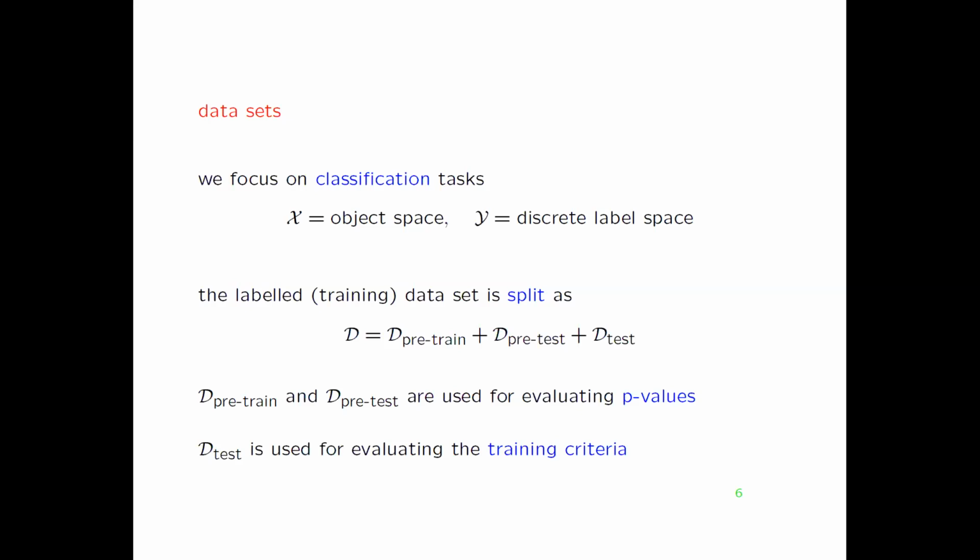So just to summarize, the proper train and calibration set are used to evaluate p-values, and then the d-test is how we evaluate the training criteria, by averaging over the results on the d-test, like when you do the usual thing with the likelihood, where you average over all the training examples in this case. So sorry for this name d-test, but it's actually part of the training set.